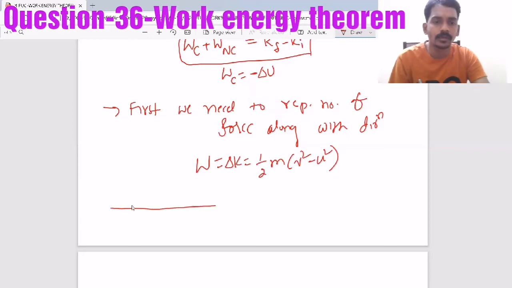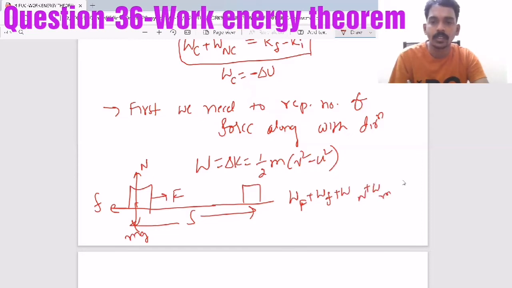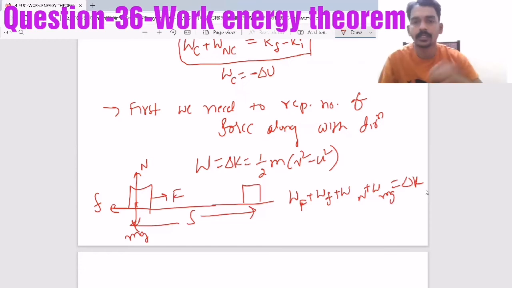Suppose you have applied some force F on a body on a rough surface, a frictional force f is acting, and it moves through a distance S. There is one normal reaction and mg will act. Now work done by F plus work done by f plus work done by N plus work done by mg should be equal to delta K. Like that, from one point to another point, we see how many forces are acting, their directions, and the work done by each force; the sum should equal the change in kinetic energy.